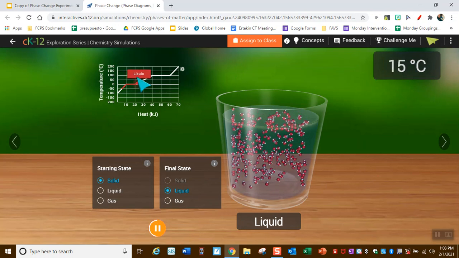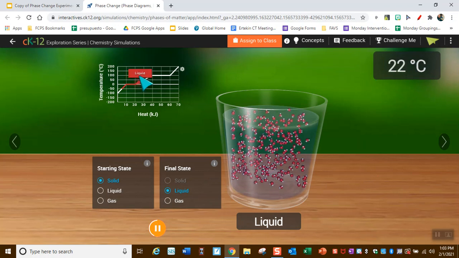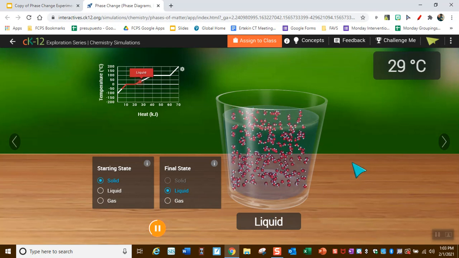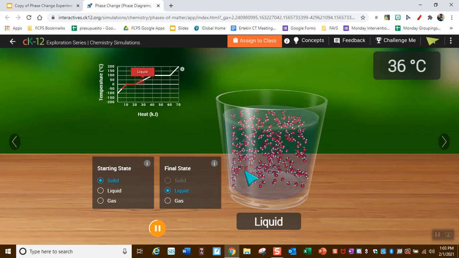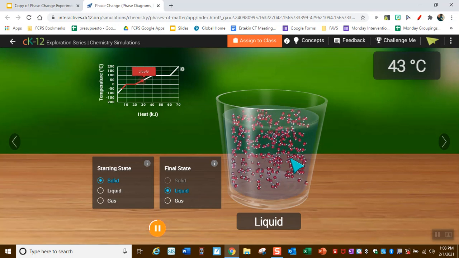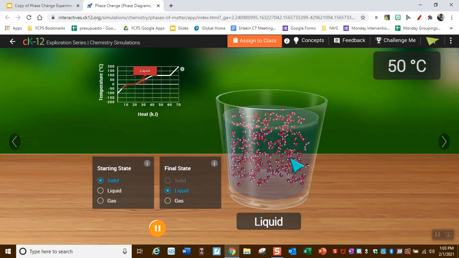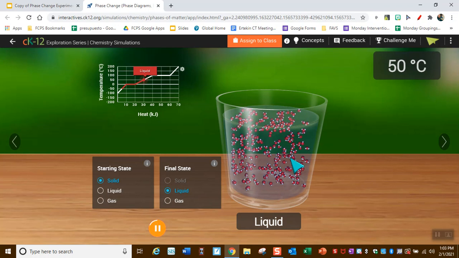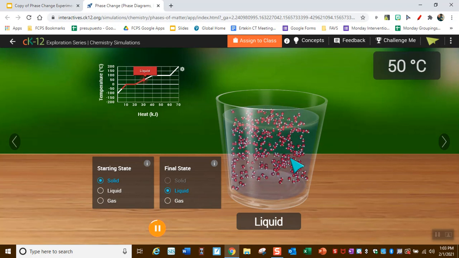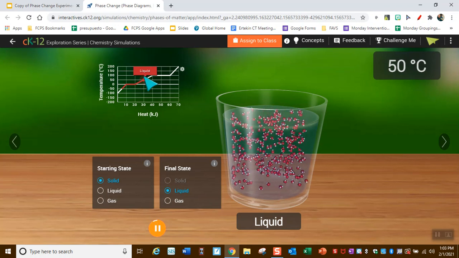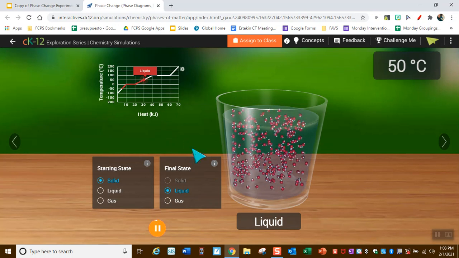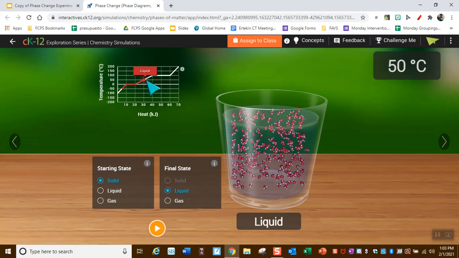Now it changed to a liquid. And the molecules are getting faster and faster. Okay. When this stops, you can go back and answer the questions, okay?